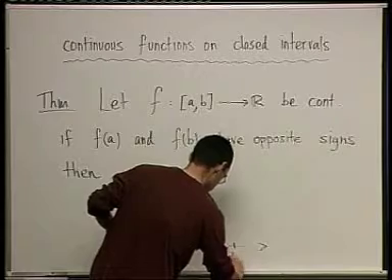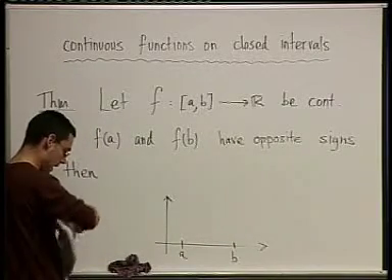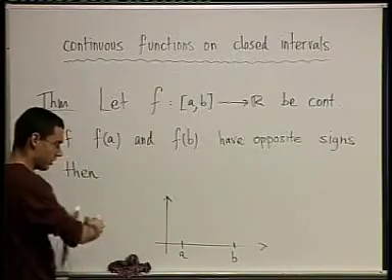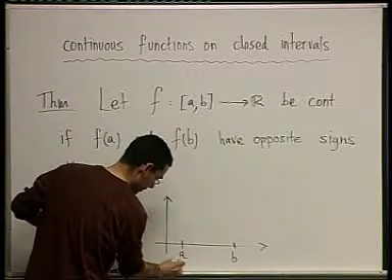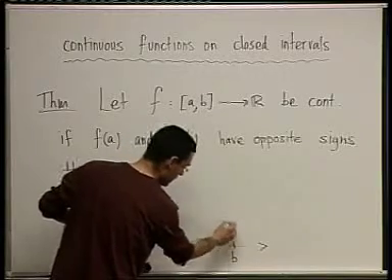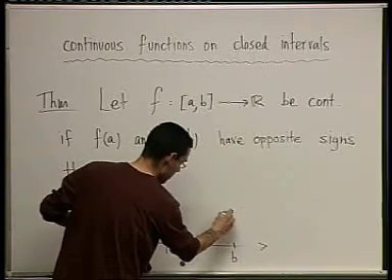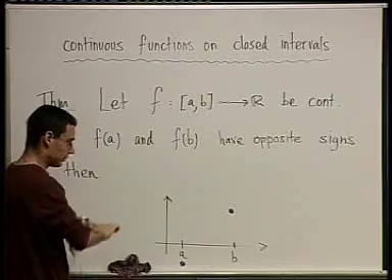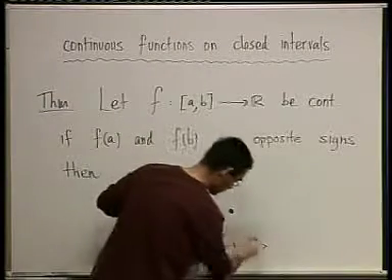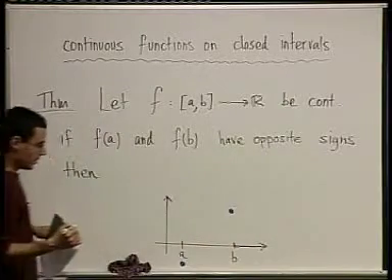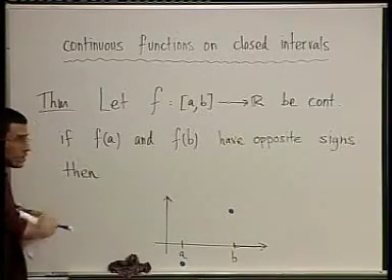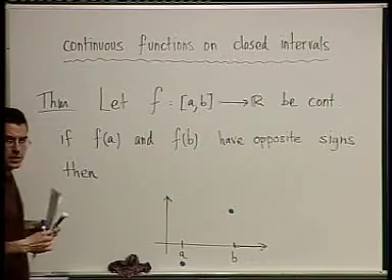Good. Here's A, here's B. I know that the value of f at A, let's say, is negative, and that B, let's say, is positive, right? And it's continuous. What does it mean to be continuous?